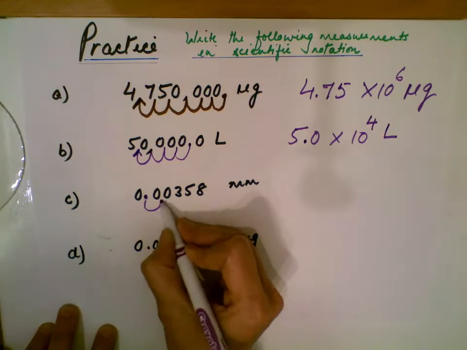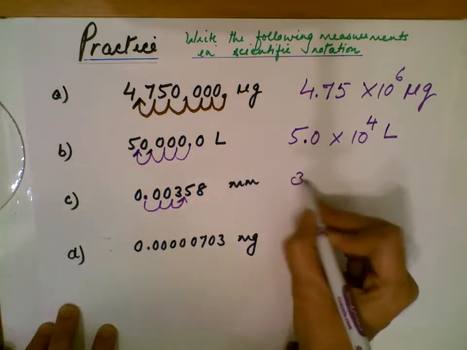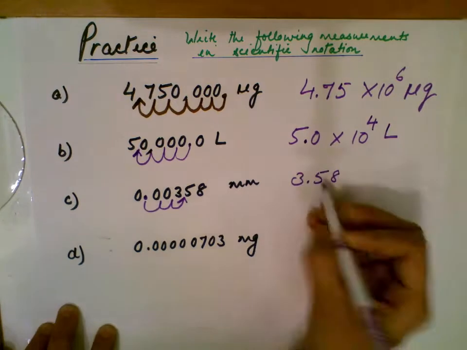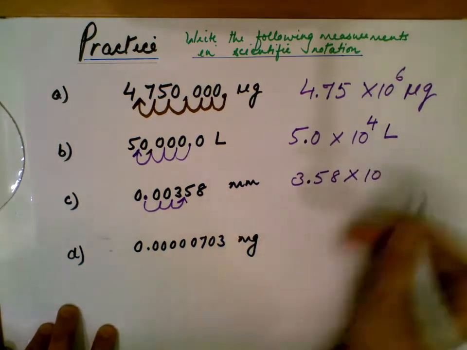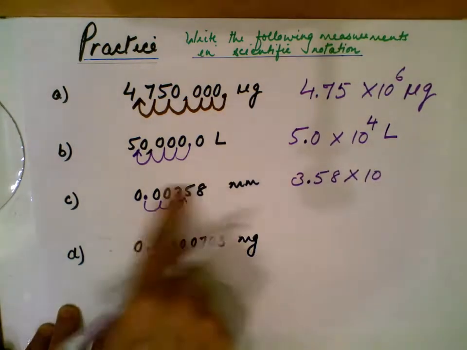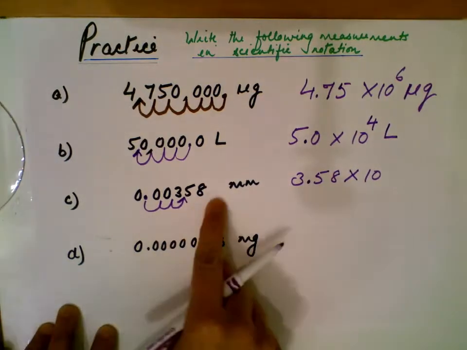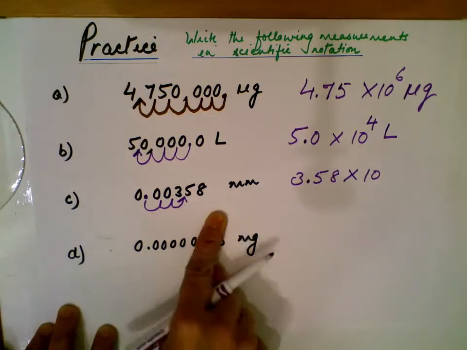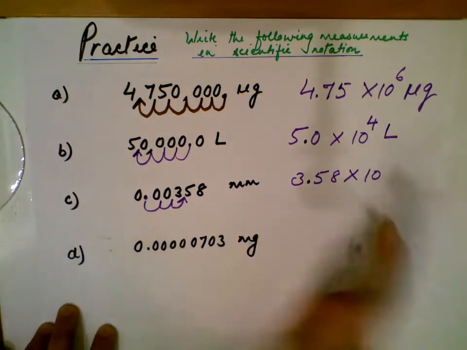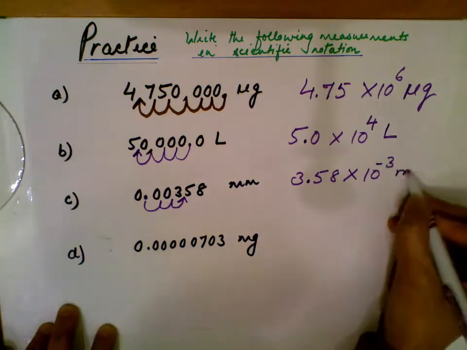Here, this is my decimal. In this case, I have to move to the right. And when I move to the right, I'm going to get 3.58. Again, one non-zero digit to the left of the decimal. And when you move the decimal to the right side, the exponent is negative, or you can say whenever the ordinary number is smaller than 1, the exponent is going to be negative.